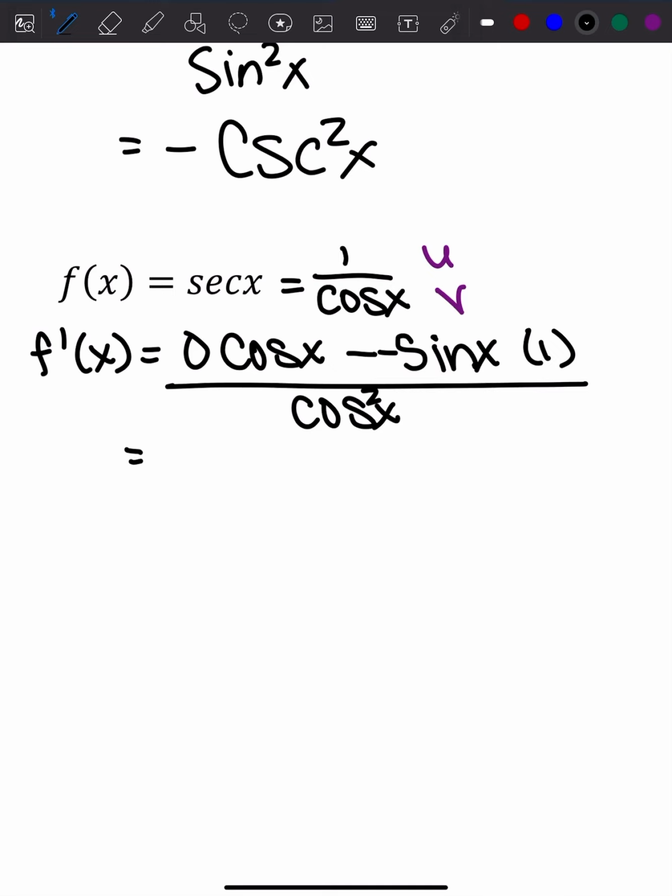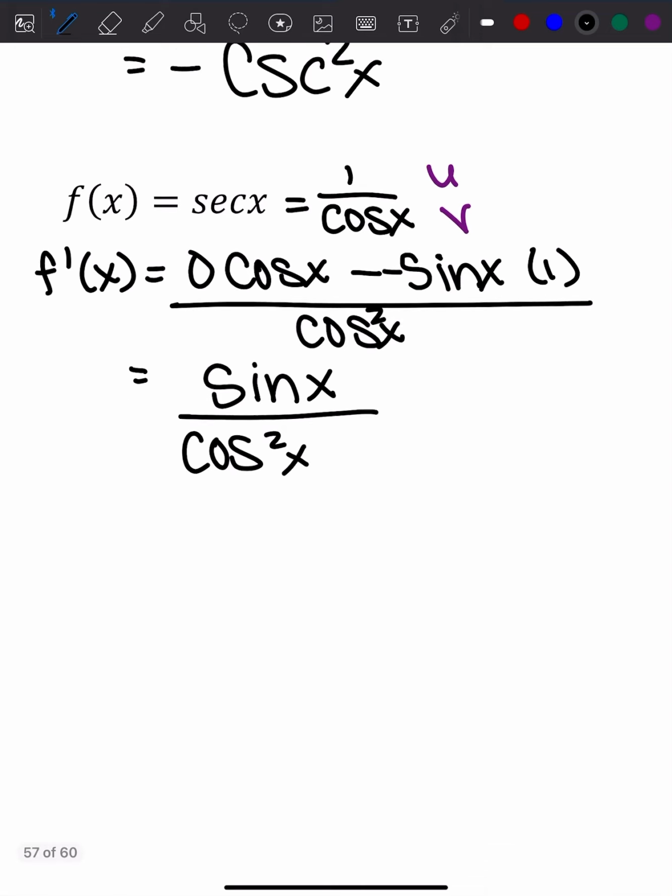So this is one where it kind of simplifies out really nicely, but also not nicely at the same time. So 0 times cosine makes it all go away. We have a negative times a negative, which is a positive, or we have minus a negative, which is a positive, and sine of x times 1. So we have sine of x divided by cosine squared of x.